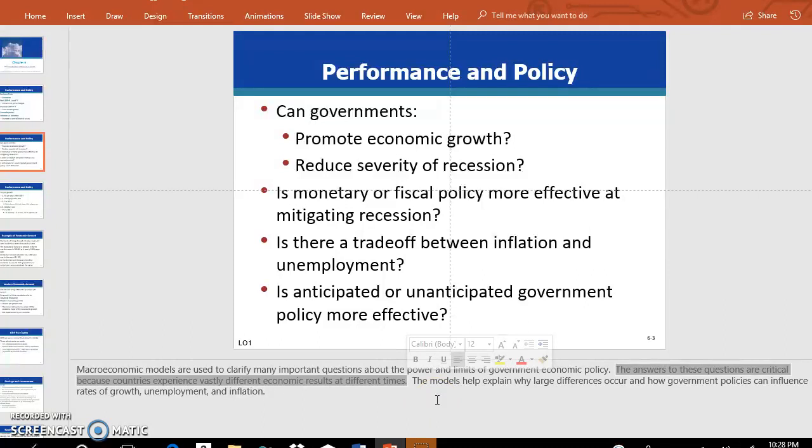The answers to these questions are critical because countries experience vastly different economic results at different times, right? So the same government initiative may have different results at different points of time, and may have different results in different countries based on differences in the economies of those countries. So we use models to help us explain why large differences occur and how government policies can influence rates of growth, unemployment, and inflation.